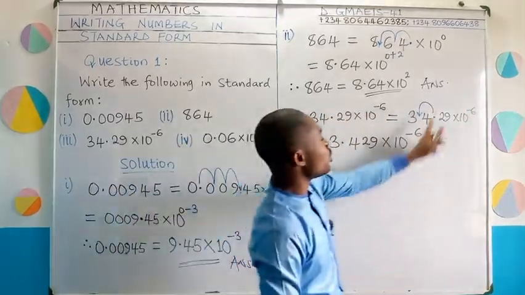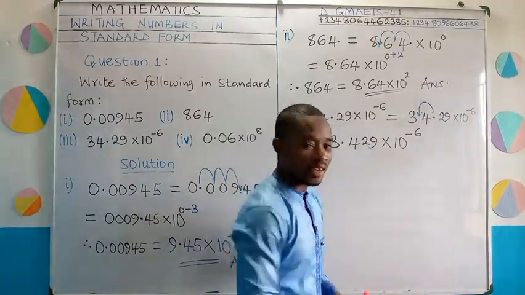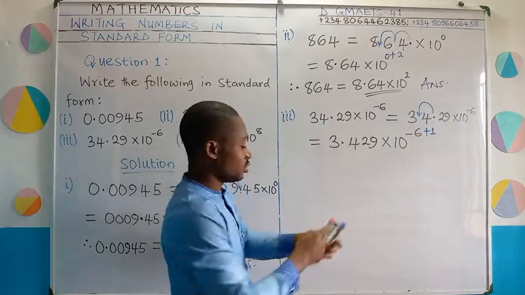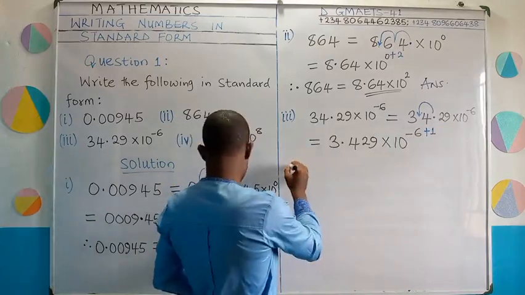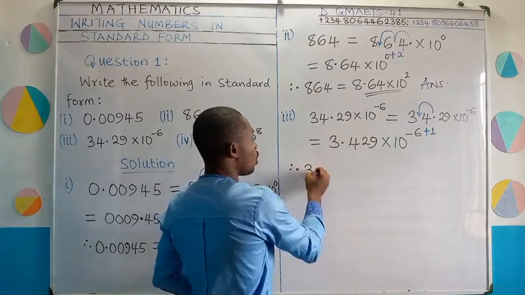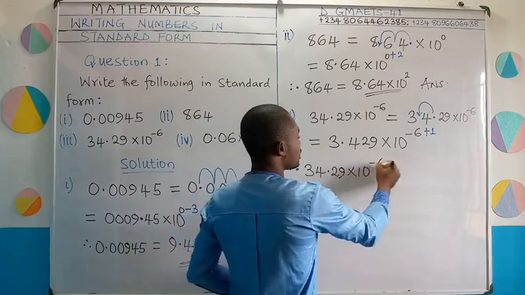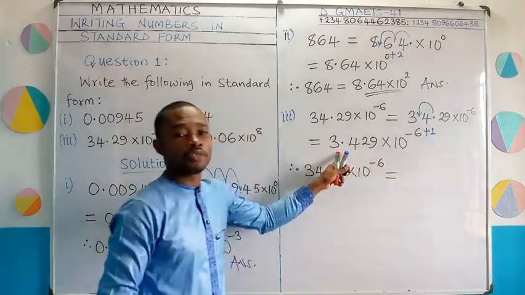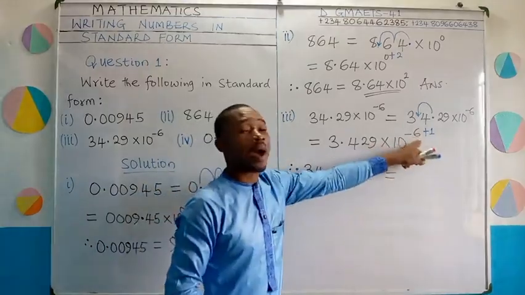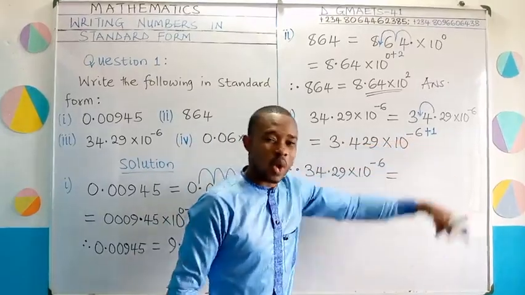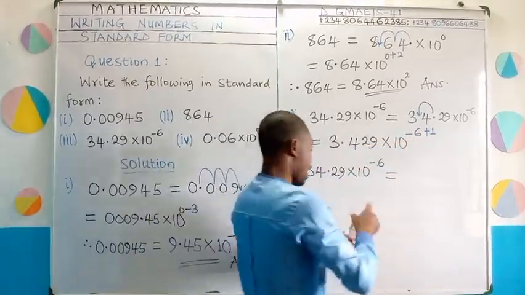Now I moved the point once to the left, therefore I'm going to add 1 to the power of 10. Then I will conclude that 34.29 times 10 raised to the power minus 6 is 3.429 times 10 raised to the power minus 5 in standard form. Take note, minus 6 plus 1 is minus 5.